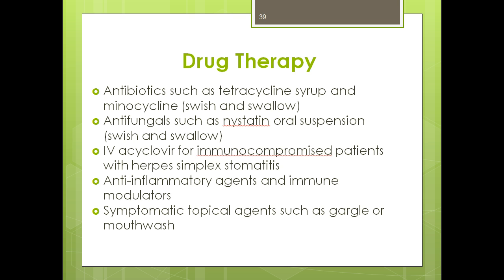IV acyclovir for people who are immunocompromised with herpes simplex. Then anti-inflammatory agents and immune modulators. Some symptomatic topical agents you use for gargling, and you also use some type of mouthwash.